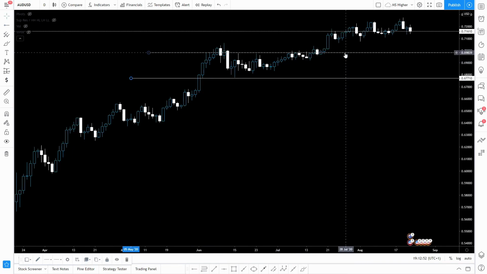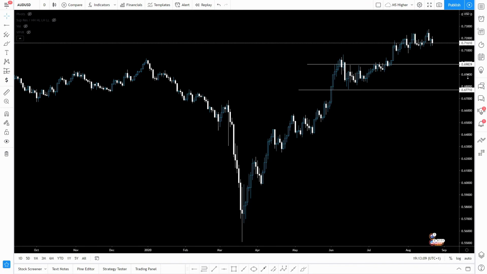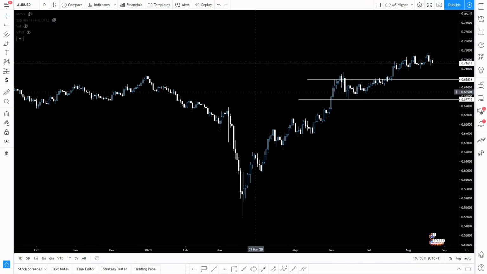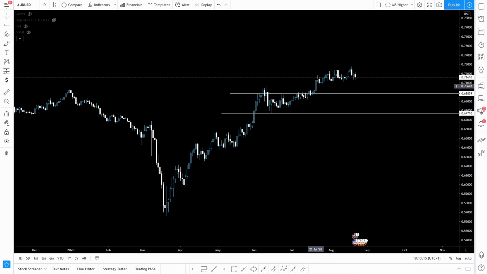So it's broken out. It's come back in. There's your entry. So it's broke out here. Your entry could have been here, but it may come back and retest that. So it all depends on, well, I say fundamentals. But if you want to just follow this, then you can. But if the fundamentals, we can play the fundamentals into it.